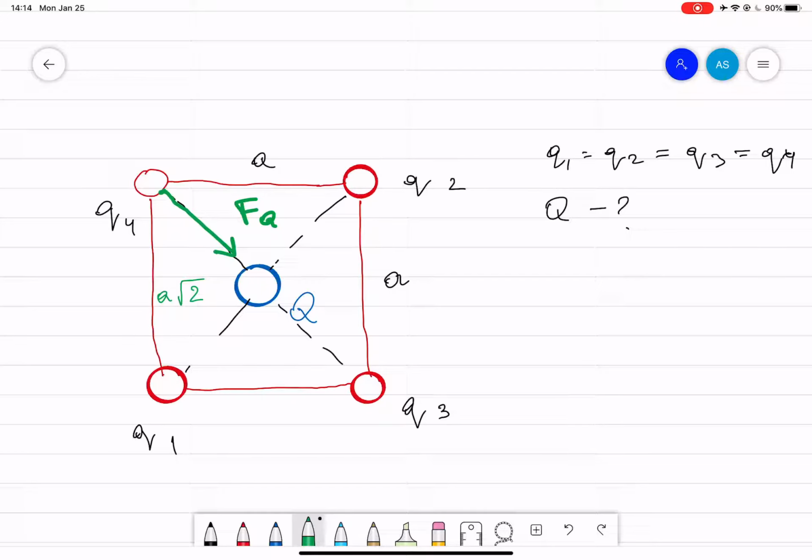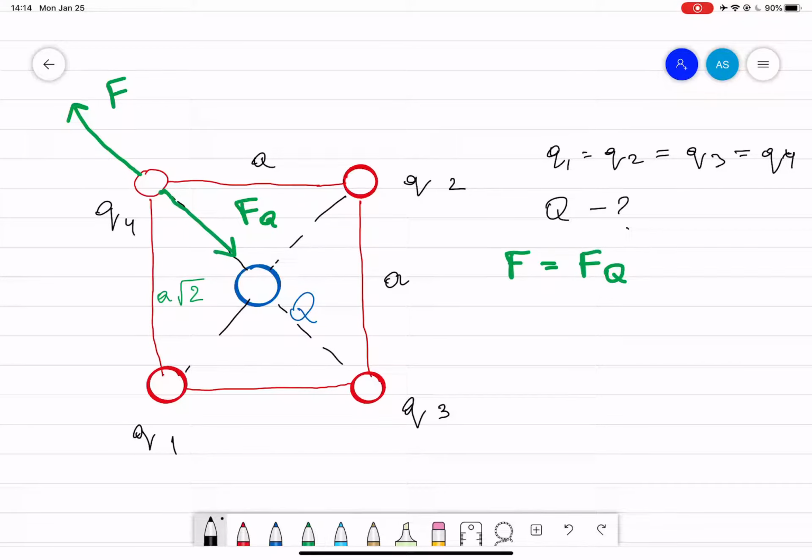This force has to be balanced with another force, this one. Then everything will be in equilibrium. The same holds for all of them. So the condition is that F has to be equal to F_Q.